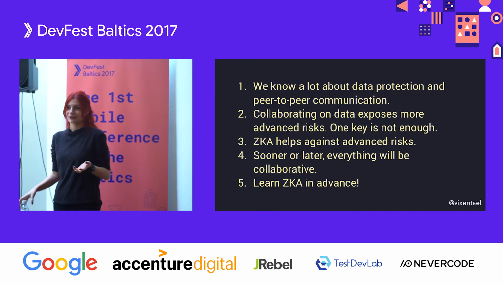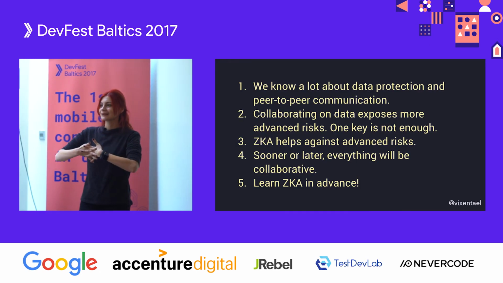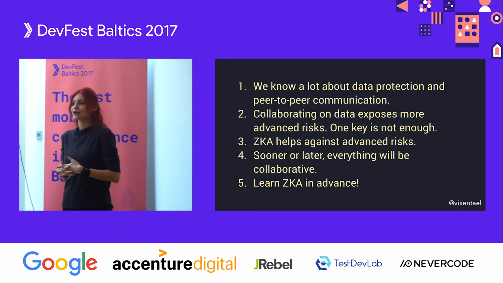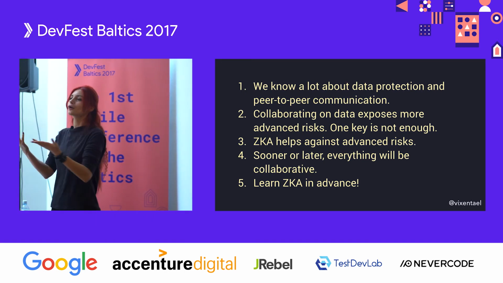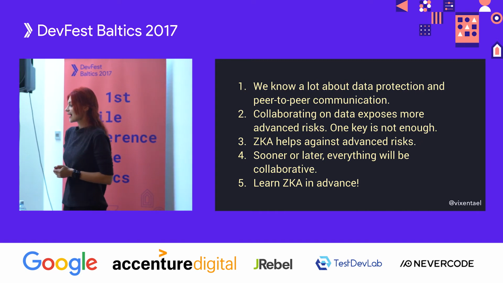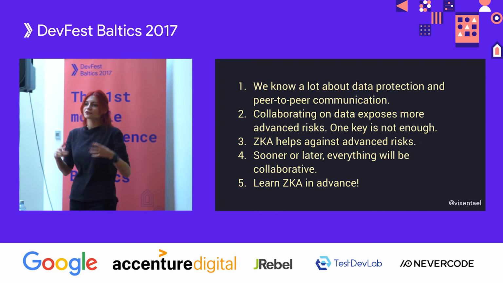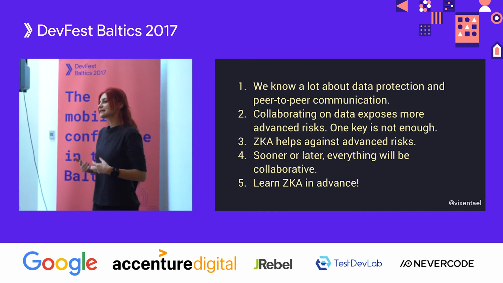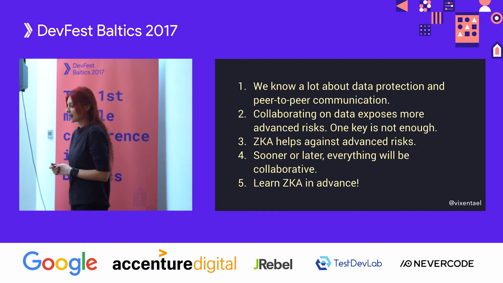Let's summarize all the things, okay? ZKA, or zero-knowledge architectures, or no-knowledge architectures, is a design approach. It solves problems of trust in the server, trust in the transmission environment.